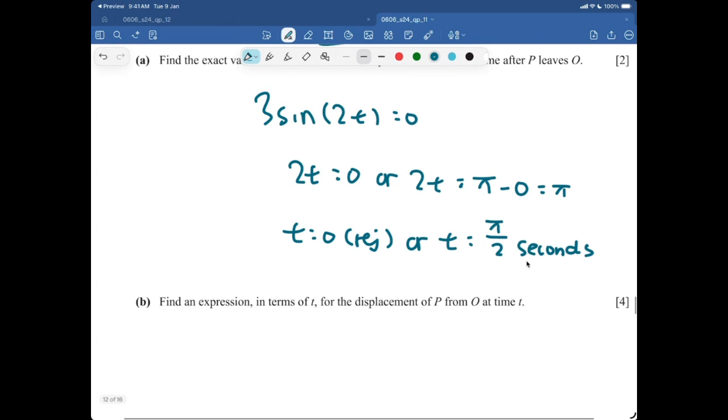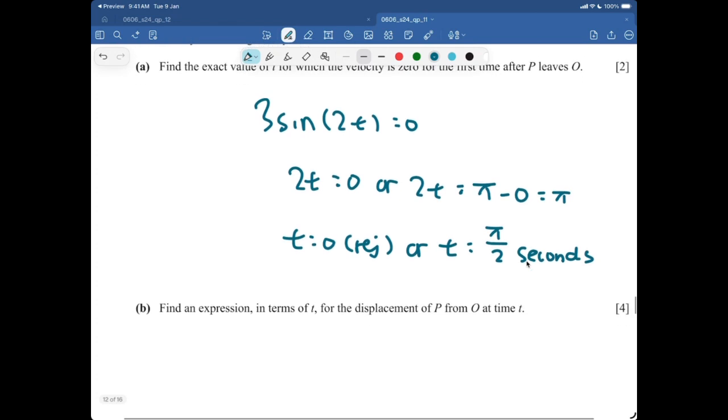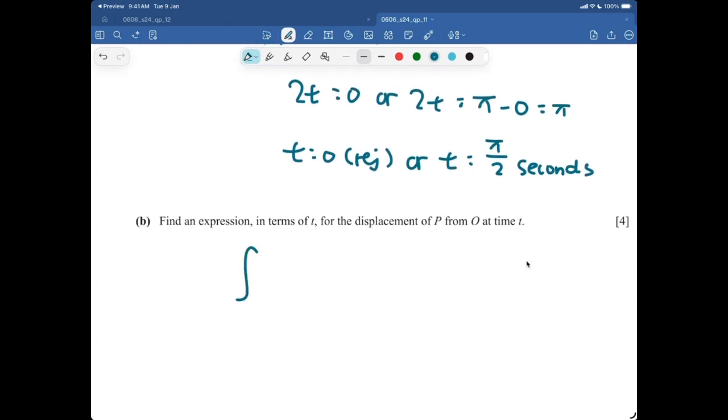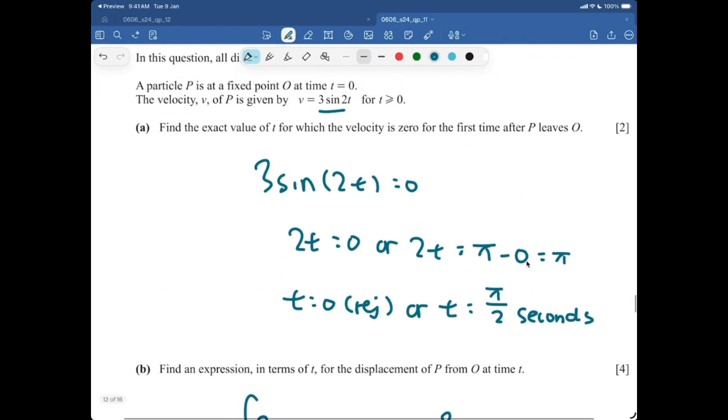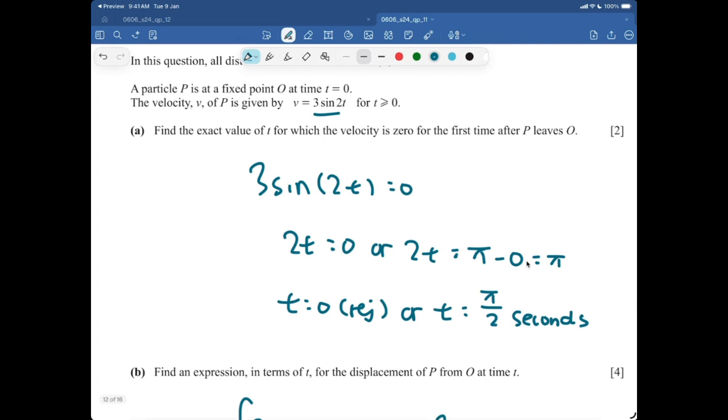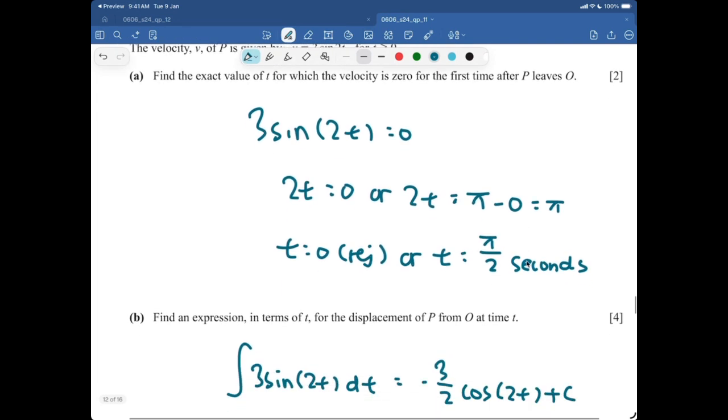So for displacement, we're just going to integrate it. So integrate 3 sine 2t dt equals negative 3 over 2 cosine of 2t plus c. So we know that there is a fixed point O at t equals 0.